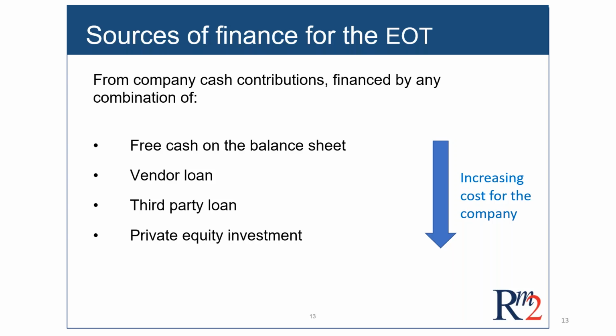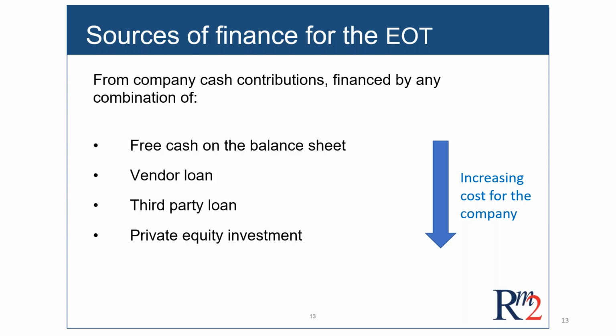Third-party loans are possible for EOT transactions. You need to be slightly careful because you'll potentially be borrowing a lot of money, and you need to find a bank which will be prepared to lend the funds to the trust rather than the trading company. Otherwise, you're potentially going to damage your balance sheet and your credit rating. But they work essentially the same way.